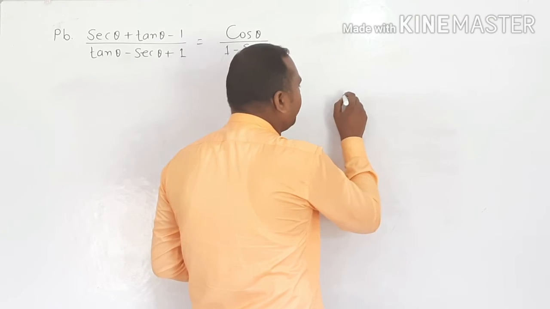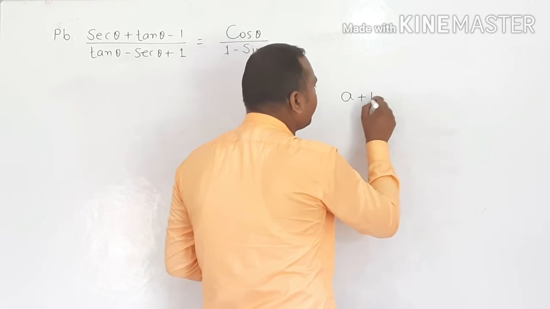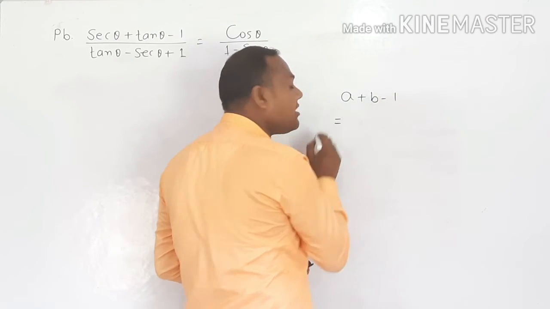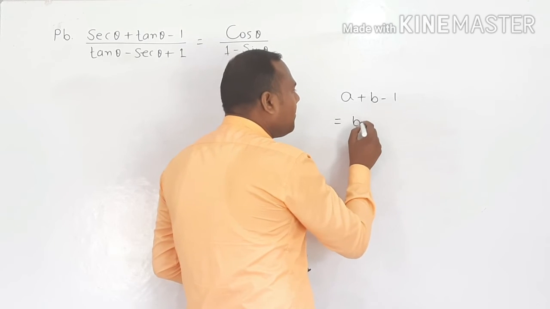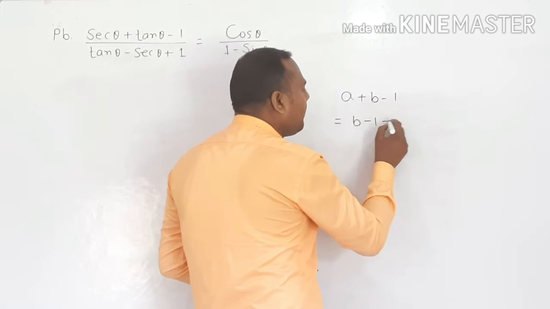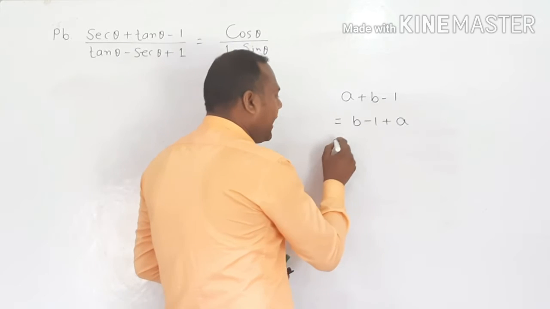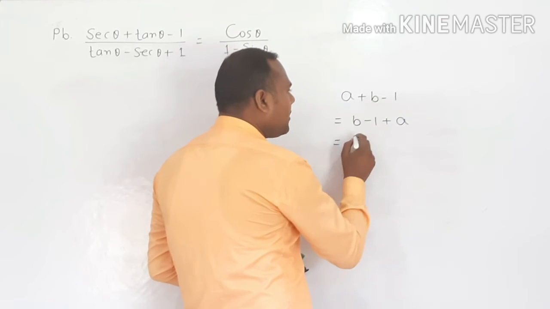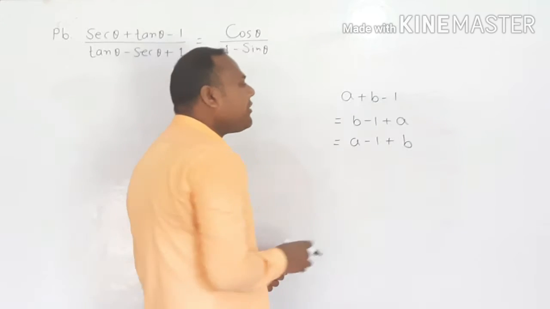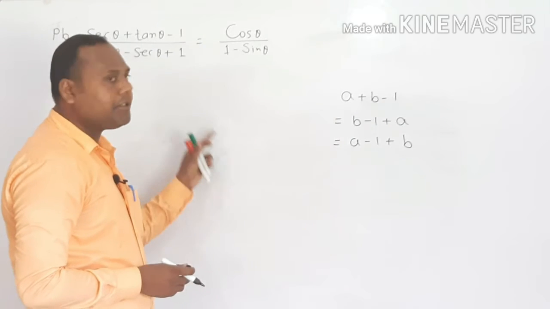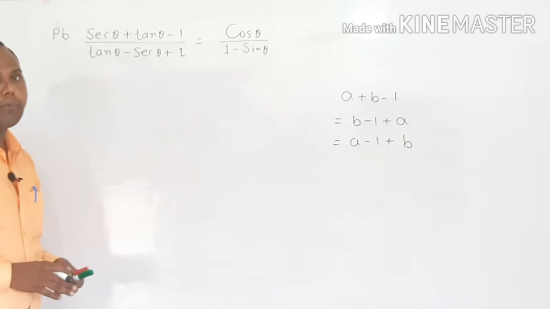The first concept is that a + b − 1 can be arranged in various ways, such as b − a + 1 and also a − 1 + b. This concept is very useful while solving this problem.